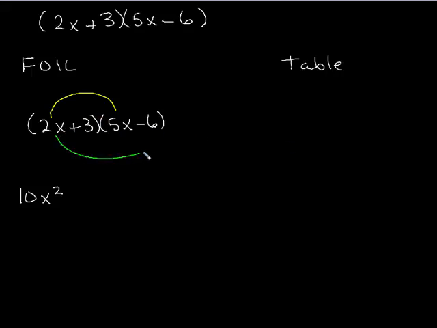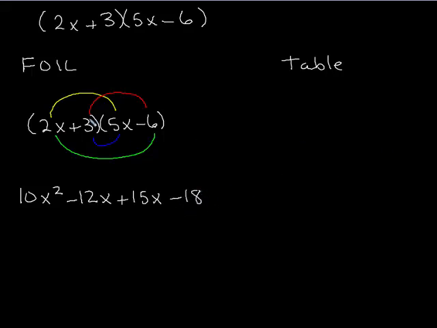Then outside, which is 2x times negative 6, which gives me negative 12x. Then inside, which is 3 times 5x, which gives me 15x, and then last, which is 3 times negative 6, which gives me negative 18.